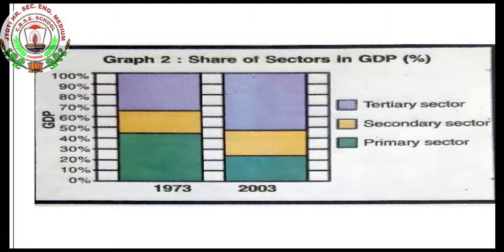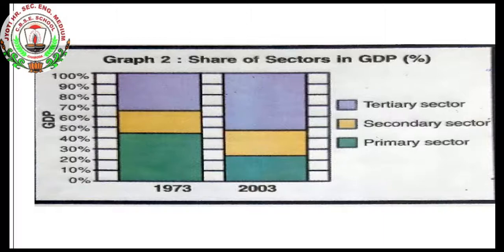In 1973 we can see where the percentage is more. According to the graph, in 1973 the percentage of the primary sector was more than the two other sectors.